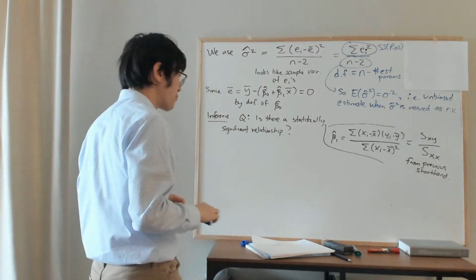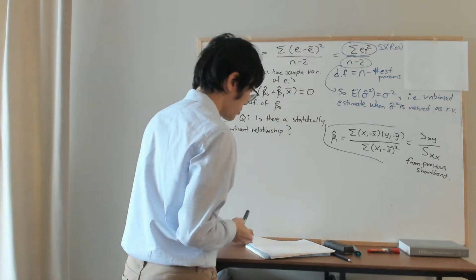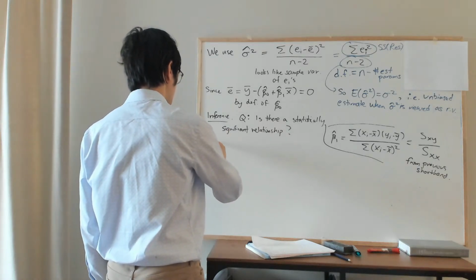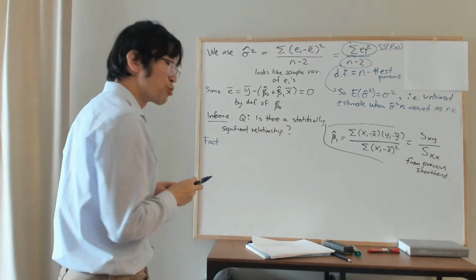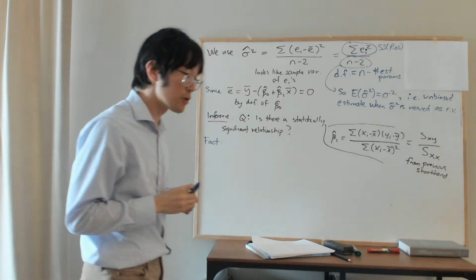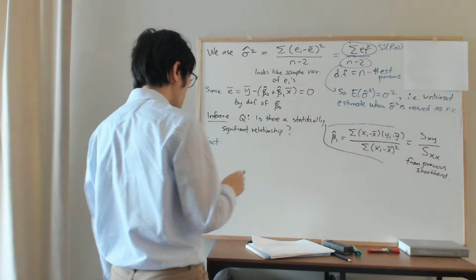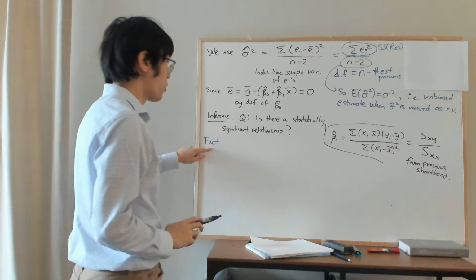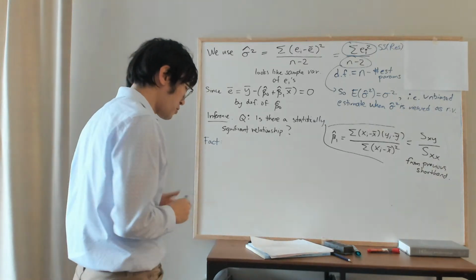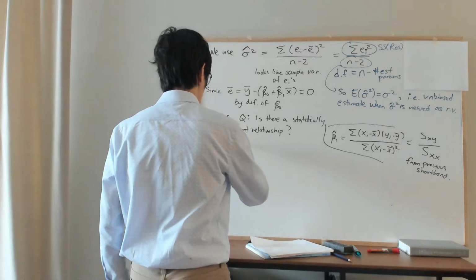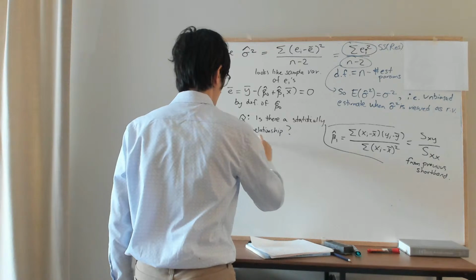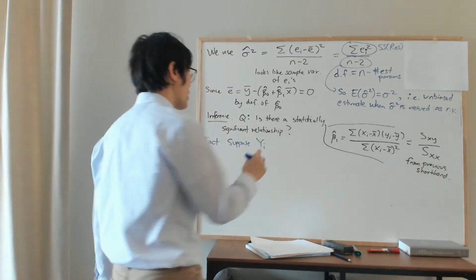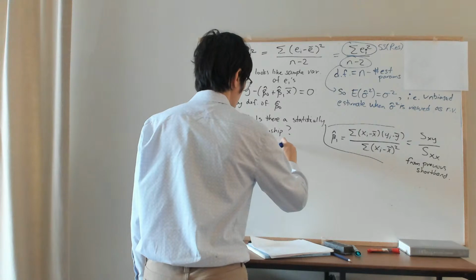But before, I need a little fact about normals. Here's a fact about normal distributions. This can be proved using a moment generating function in Stat 330, but all we need is to be able to use it here, so let me just state it. Suppose we have a bunch of normals, yi.